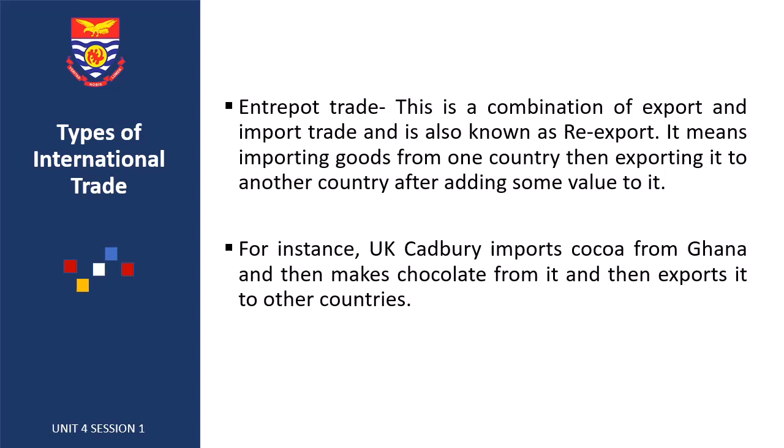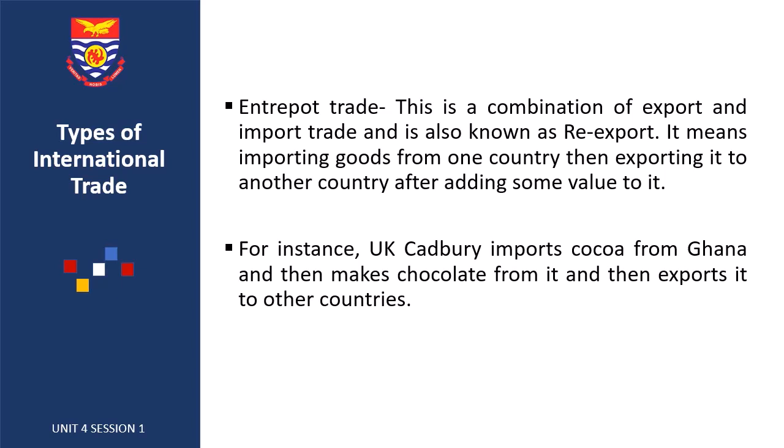Then we come to the entrepot trade. This is a combination of the export and import trade and is known as re-exports. Ghana exports cocoa to the UK. In that case, if Ghana exports cocoa to the UK, it will be an import for the UK.